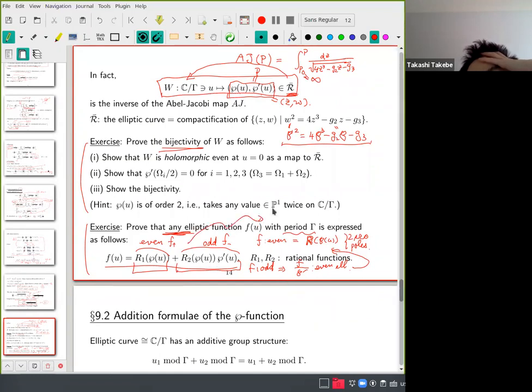Which means that a meromorphic function on this elliptic curve is expressed as a rational function of Z and W, which is quite non-trivial from the first definition, because f is defined to be just a meromorphic function.